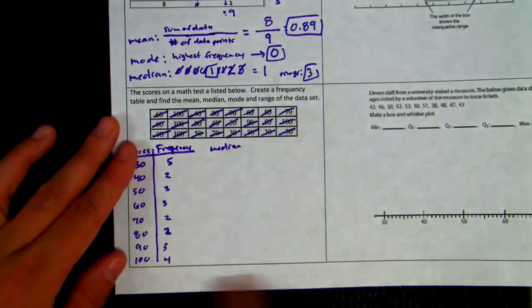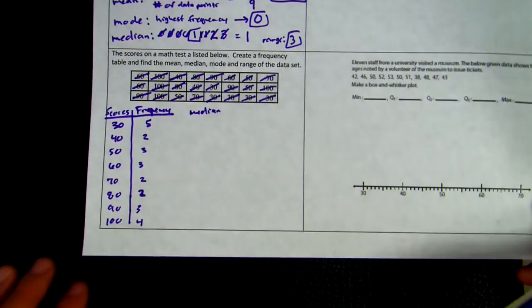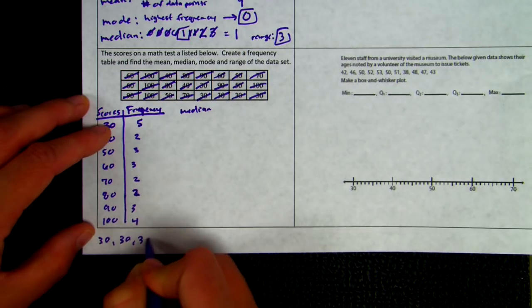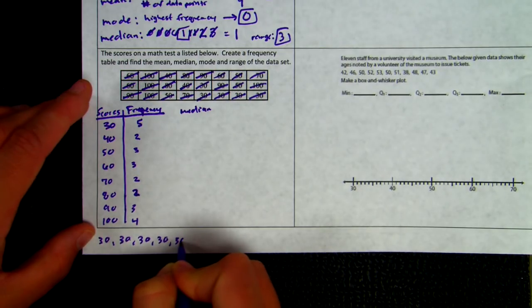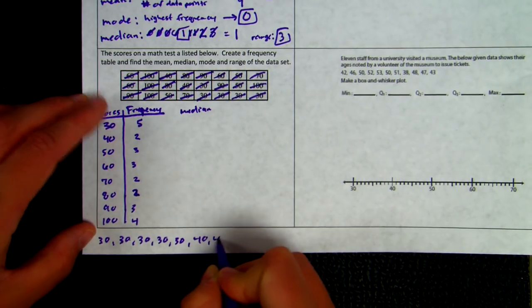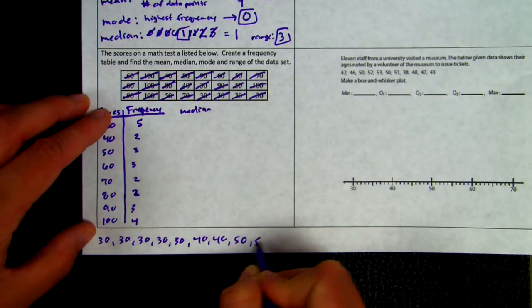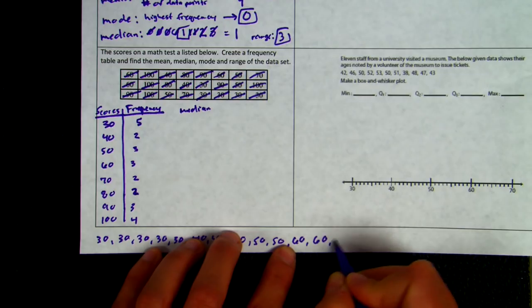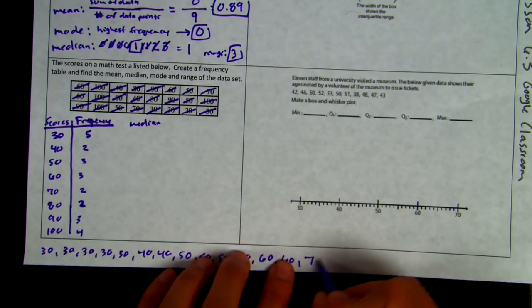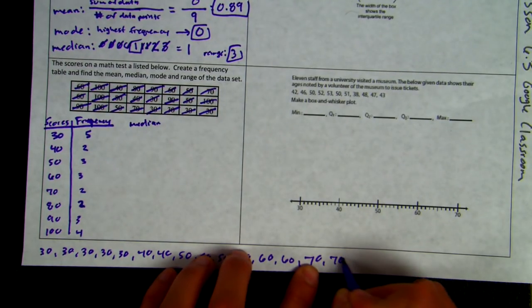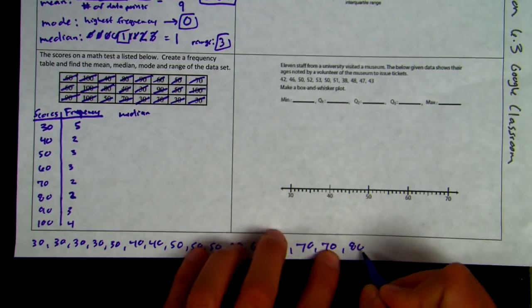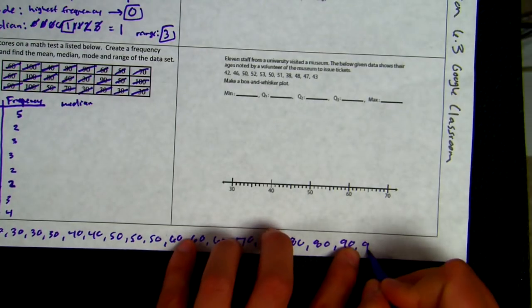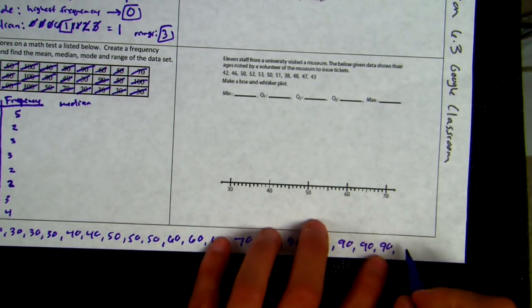We got lots of data points here, so I'm going to write them down here. Okay, I've got 5 30s, 2 40s, 3 50s, 3 60s, 2 70s, 2 80s, 3 90s, and 4 100s.